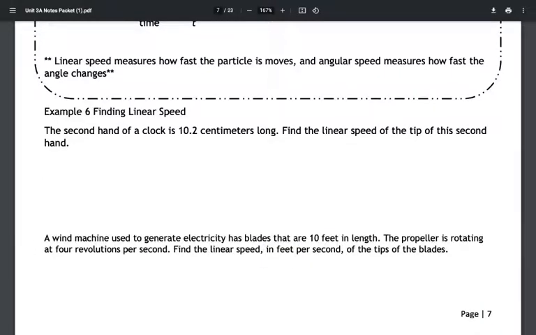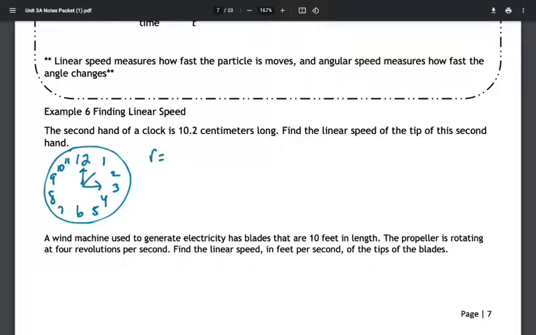Okay, let's do an example. We have a second hand of a clock, so think of a clock. So you've got your minute hand and your hour hand, and then there's the second hand as it travels around the clock. So that minute hand or second hand is a radius for the circle that it creates.